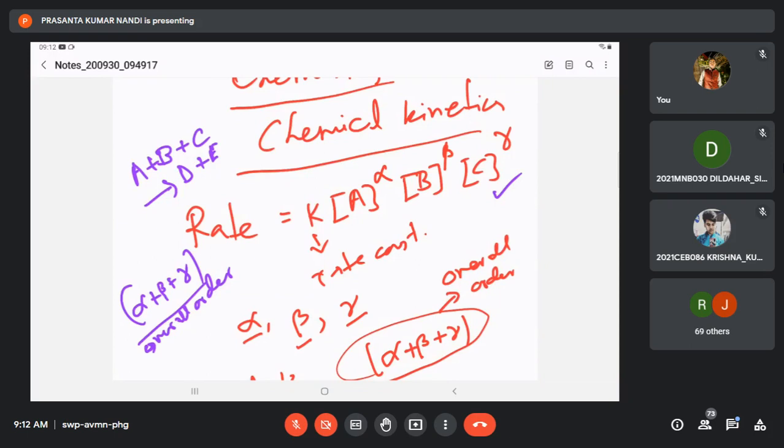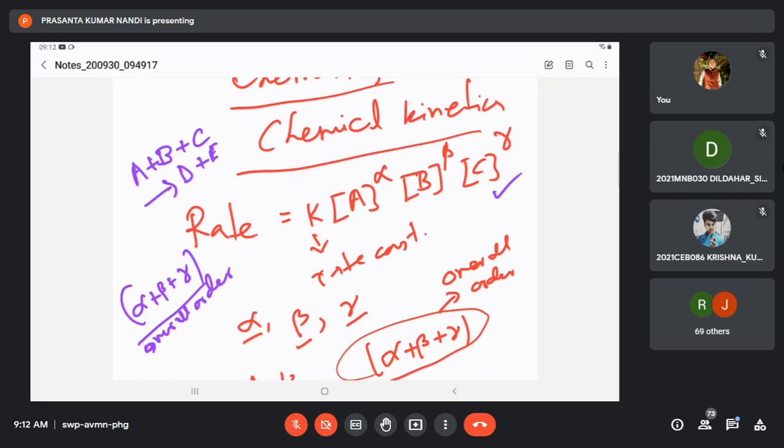That means these reactions take place through several intermediate or consecutive steps. And so the rate law is somewhat complicated, and in those cases, from inspection of the rate law, it is very difficult to say what is the order of the reaction, right?